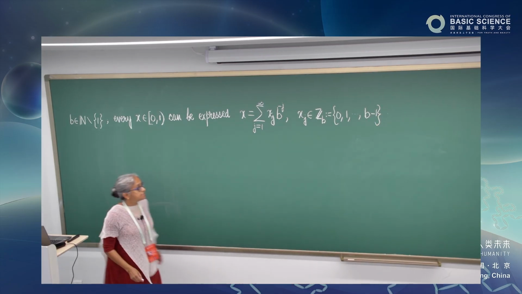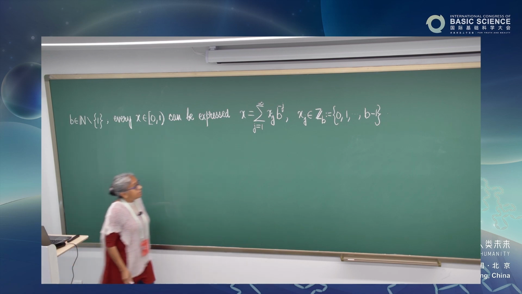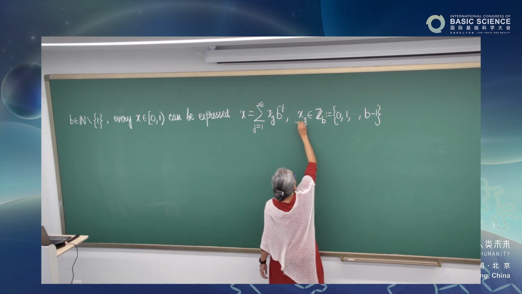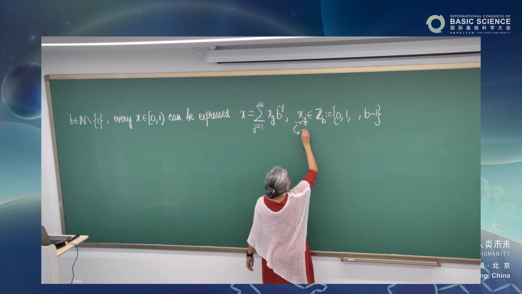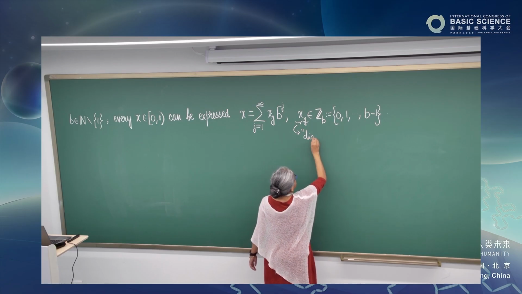This is what we already know, and these x_j's are called the digits, the b-adic digits of x.